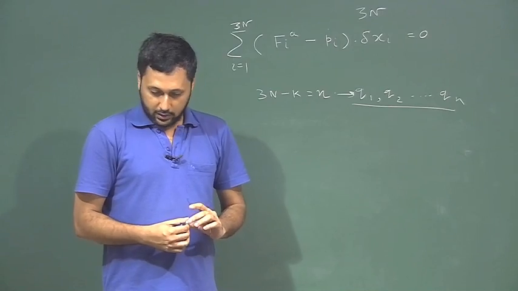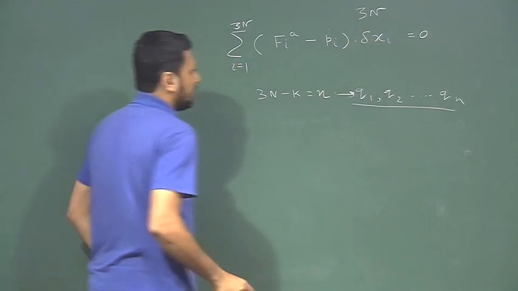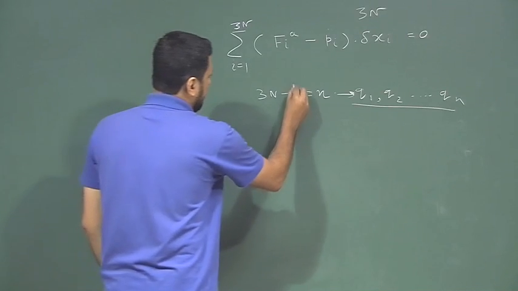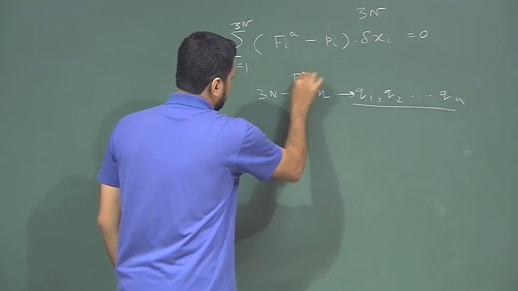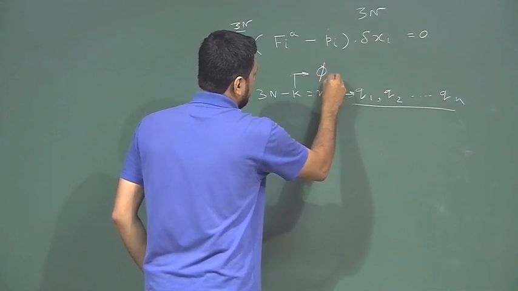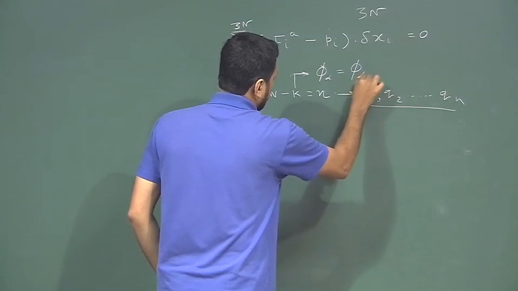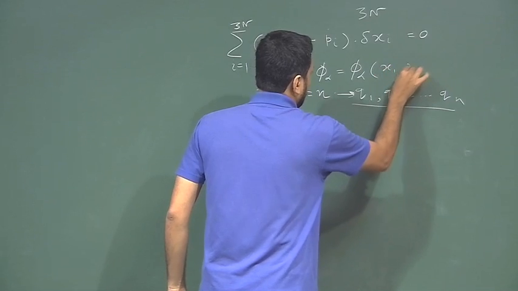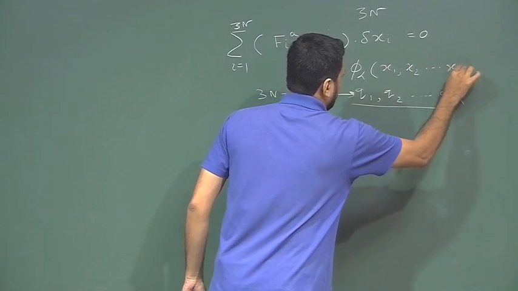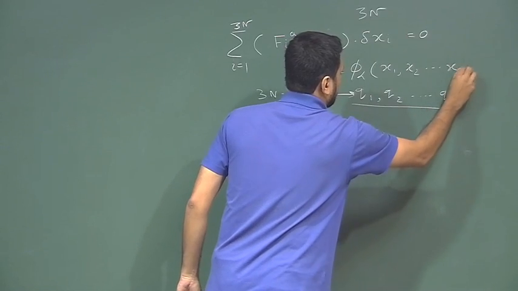We have 3n of these, and we have k constraint equations of the form phi alpha equal to phi alpha of x1, x2, up to x3n.